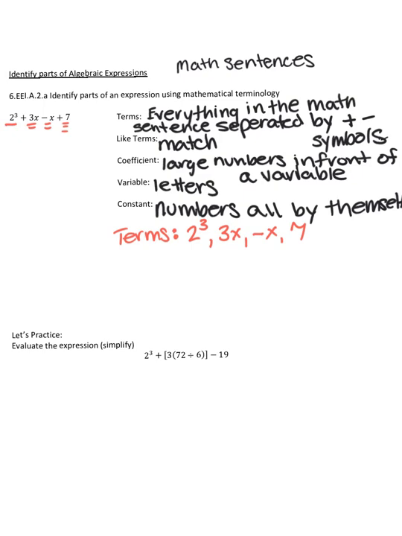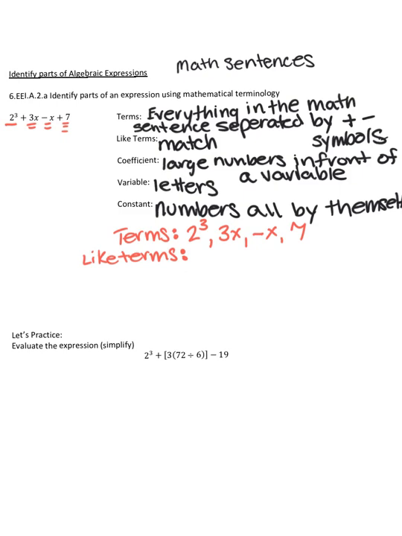Now, we talked about like terms a second ago, and I told you these are things that match. Well, notice 2 to the third. There are no other terms with an exponent. Therefore, 2 to the third is all by itself. Then we have 3x and minus x.